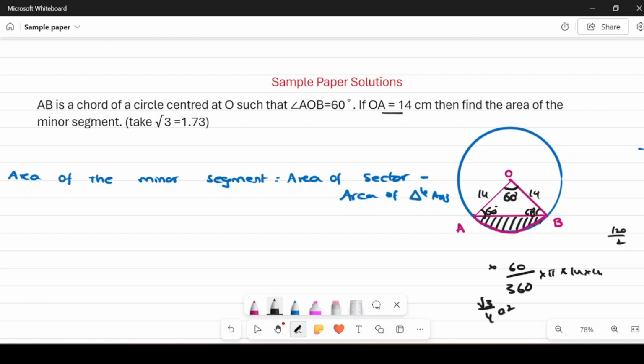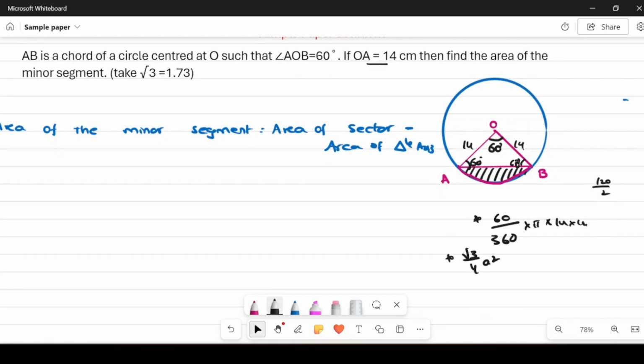So we need to know these two formulas in order to solve this question. Let's substitute the values. You can either separately find the area of the sector, then the area of the triangle, then substitute back, or we can do it directly. I am substituting it directly. Area of sector theta by 360 into pi r square minus area of triangle root 3 by 4 a square, where a is the side of the triangle and r is the radius of the circle.